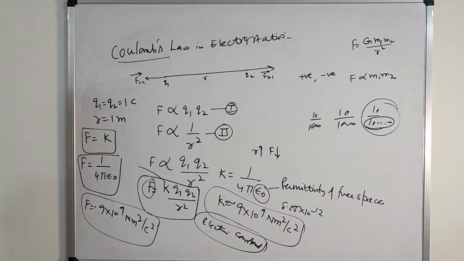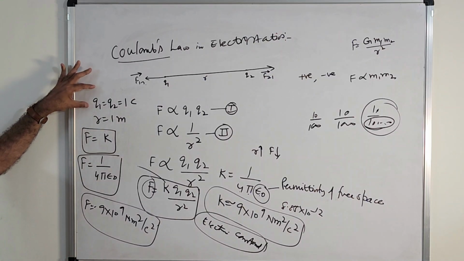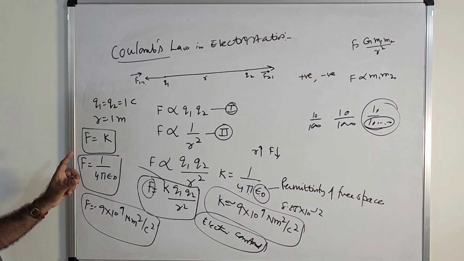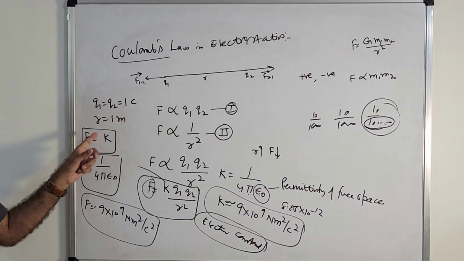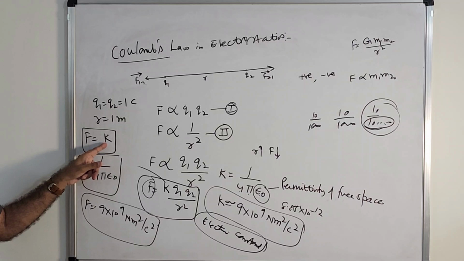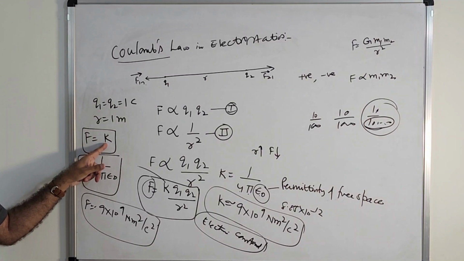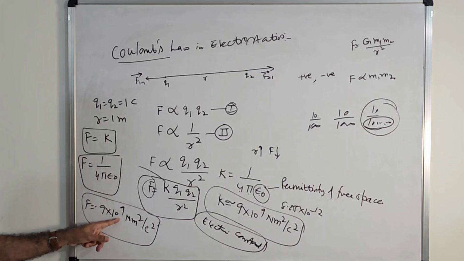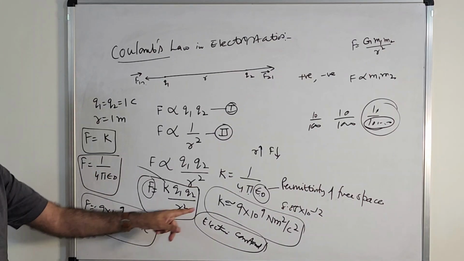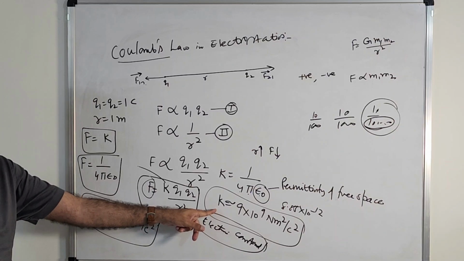Again, I am repeating that charges are said to be 1 coulomb if the force of electrostatic attraction or repulsion between them is equal to K. What is K? K is 1 by 4 pi epsilon 0, and what is its value? 9 into 10 to the power 9 Newton meter square per coulomb square. Electrostatic force constant.